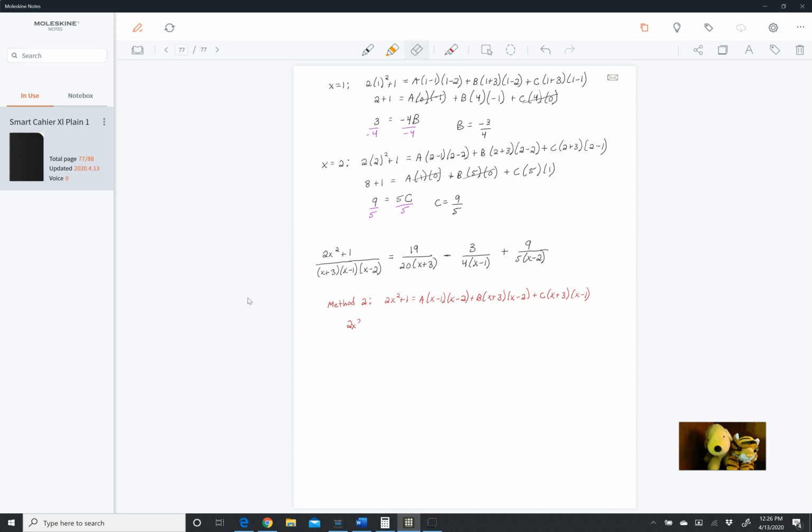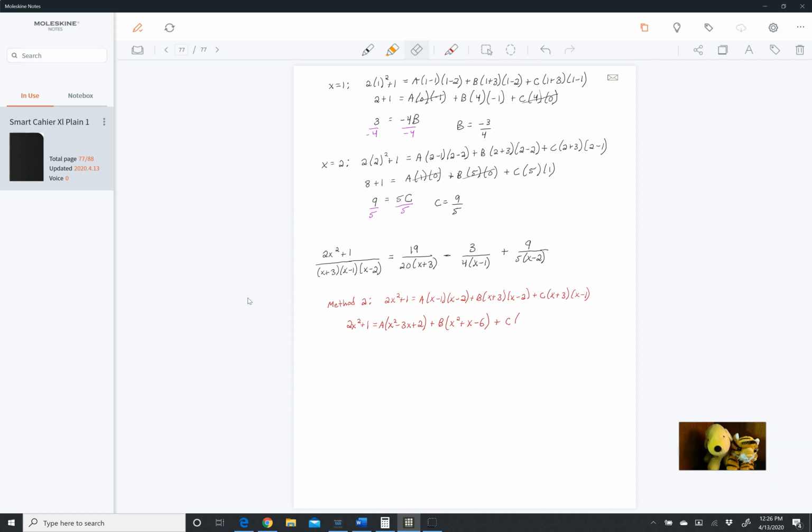So you get 2x squared plus 1. Do this in 2 steps, I would recommend it. So x minus 1 times x minus 2 gives us x squared minus 3x plus 2 times a. Then x plus 3 times x minus 2 gives us x squared plus x minus 6, times b.